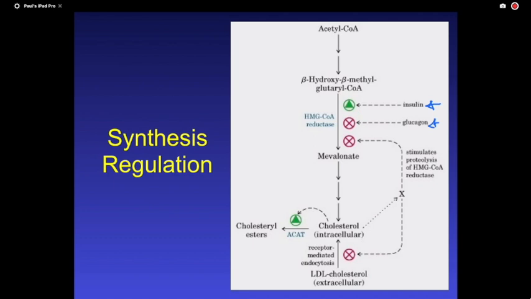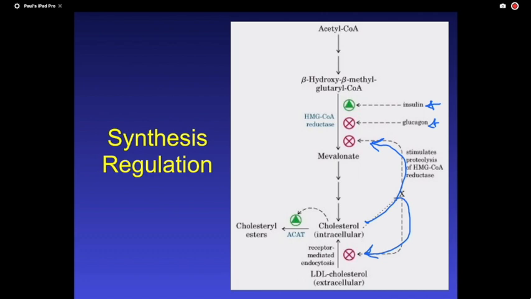Cholesterol itself will come back and do a feedback inhibition. Cholesterol will also, if it is high in the cell, stop the receptor from being on the cell surface, and so it stops endocytosis on the inside of the cell.